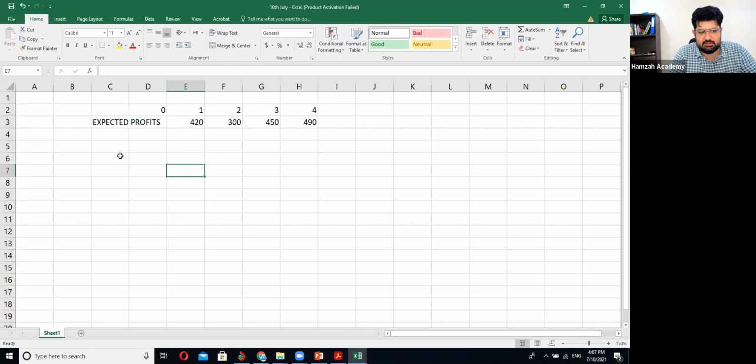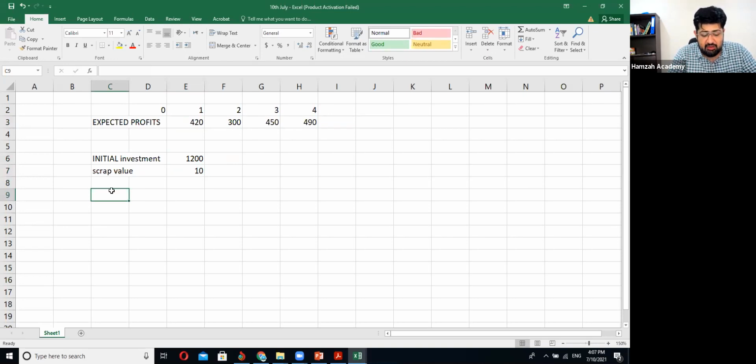And students, the initial investment in the project is equal to 1200 and scrap value is equal to 10.